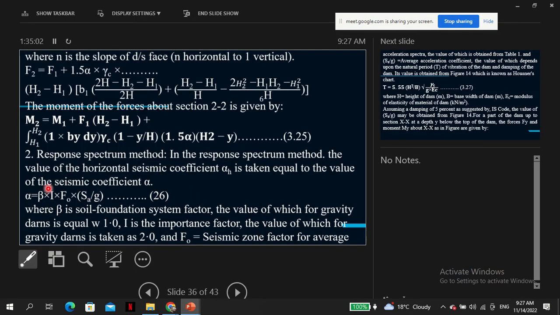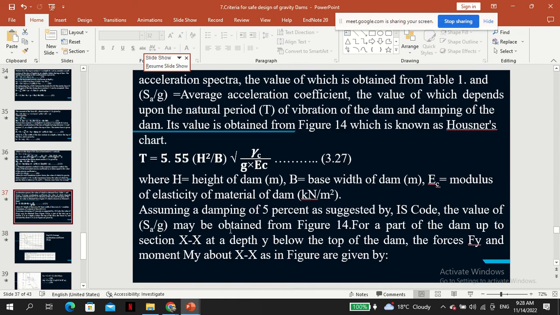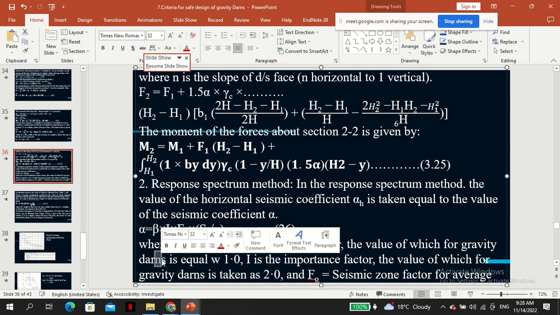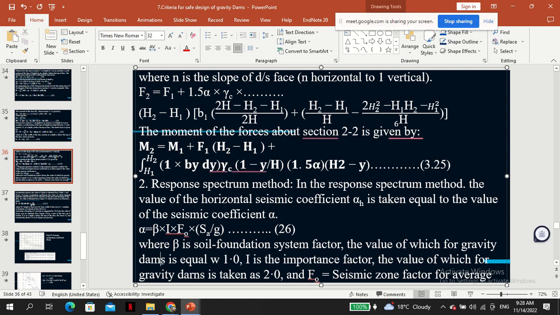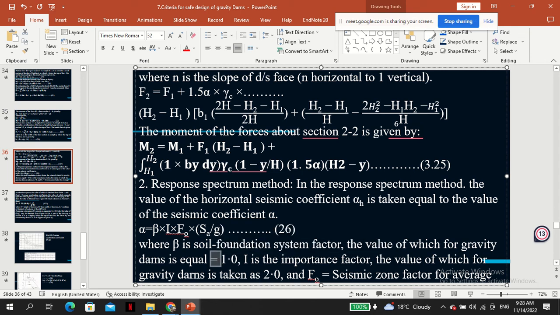So this is how to get alpha based on some influence factor F naught, where B is the soil foundation system factor, the value of which for gravity dams is equal to 1.0, I believe. There is some mistake in spelling here.